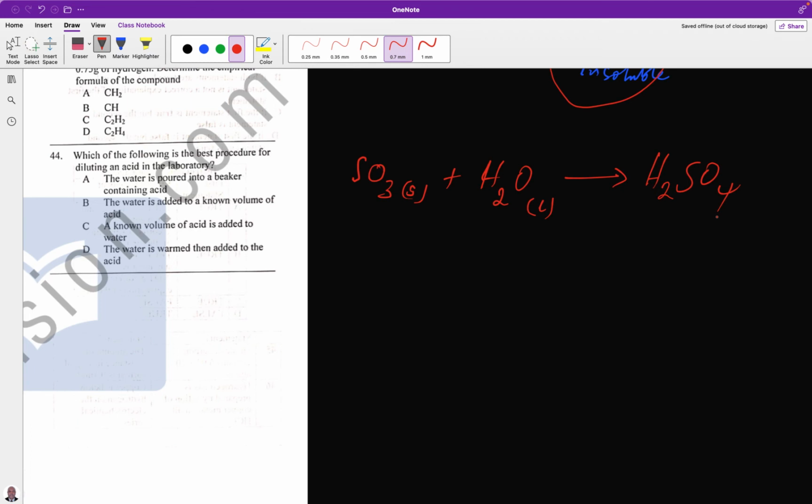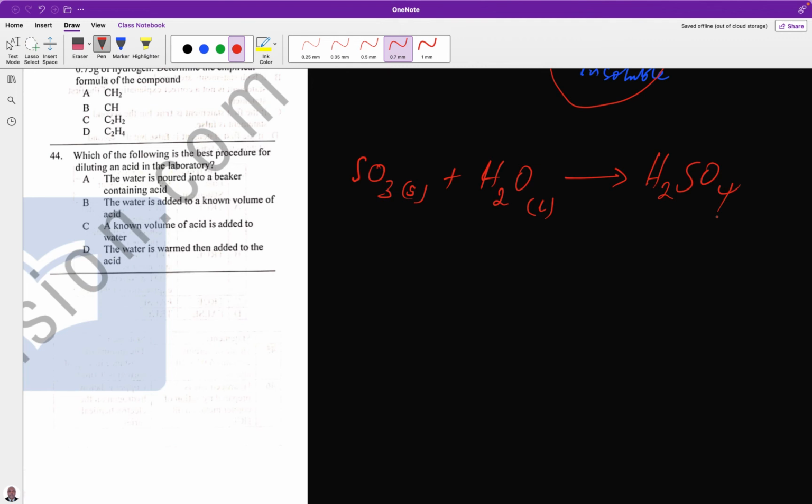The reason is this. If sulfur trioxide is added directly to water, sulfuric acid is produced, but the reaction is very exothermic, and the heat given off is sufficient to vaporize the acid formed.